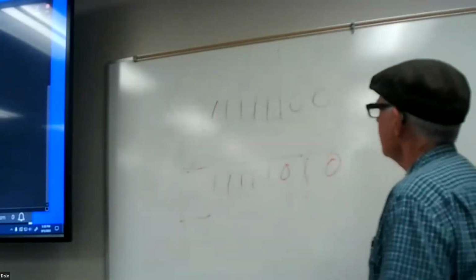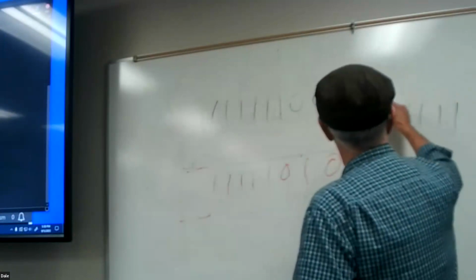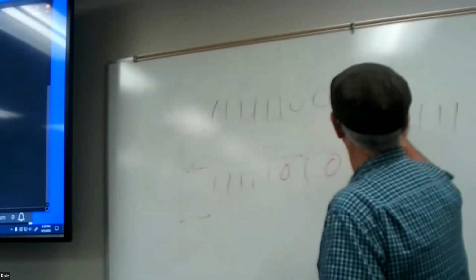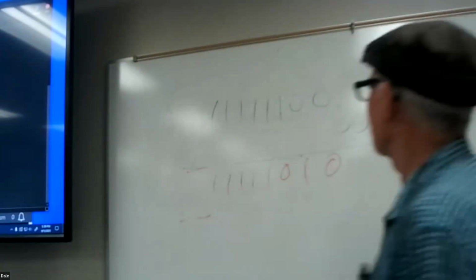But then the question I have is, oh no, our number was this. Well, 4 of them. And when I shift, what happens to the 1? Does it go off into space? Do we lose data? No, it just gets stored somewhere. Okay. And negative numbers and all that fun stuff.